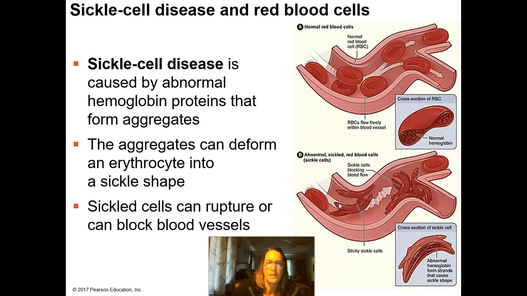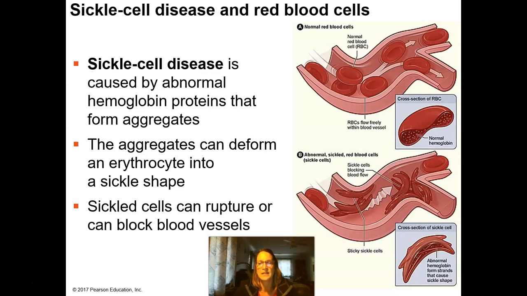So some of you have probably heard of sickle cell disease, maybe all of you. Sickle cell disease is caused by a single point mutation which causes abnormal hemoglobin proteins.